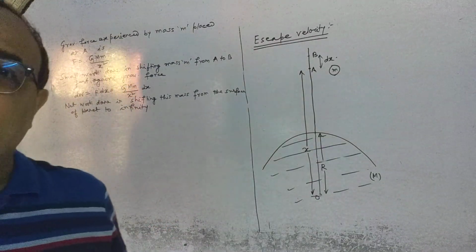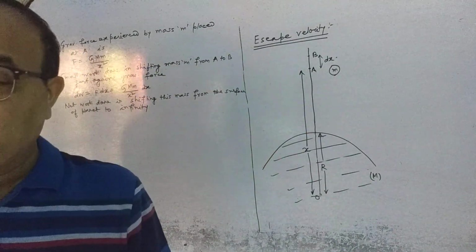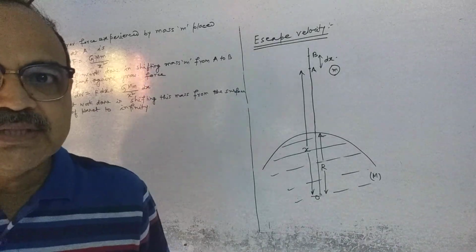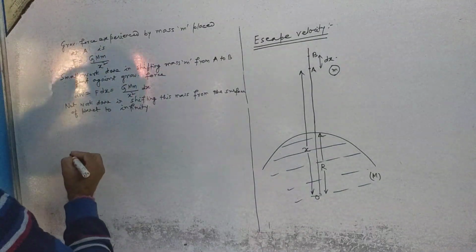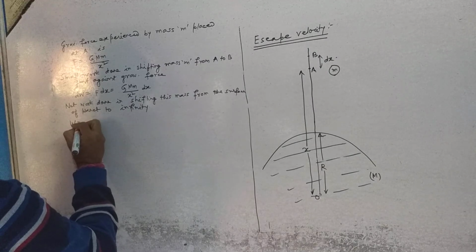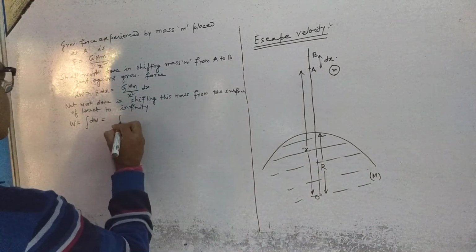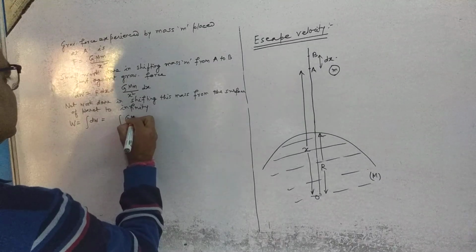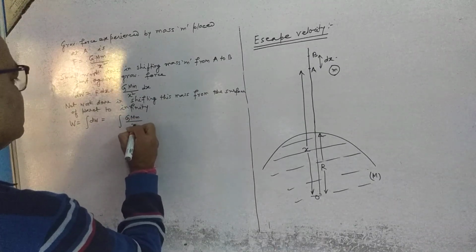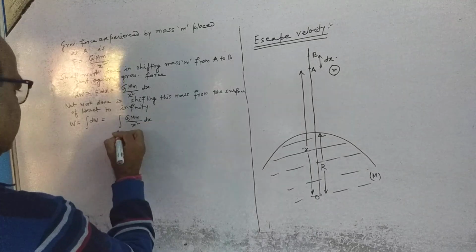Because outside the gravitational field. अब उसका कितना वैल्यू है वो तो नहीं पता, तो बेटर है इन्फिनिटी. Then what we shall have: capital W, integration of dW is equal to integration of G capital M into small m by x square dx.